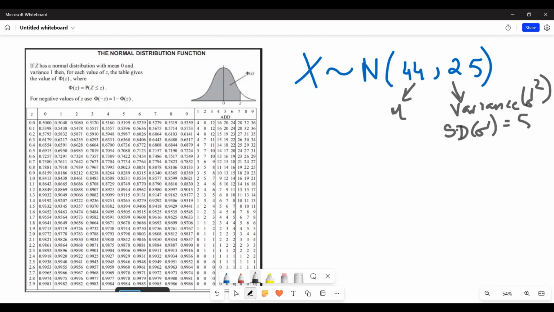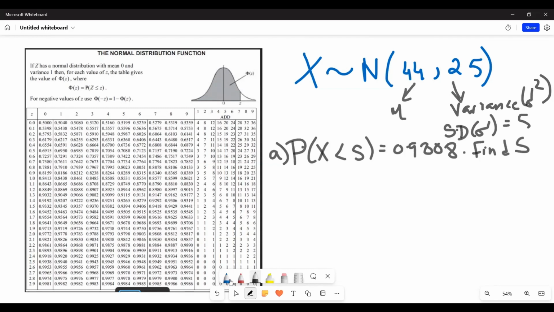So now you're given probability x is less than s is equals to 0.9808, and you have to find s. So first thing we're going to do is subtract the mean, divide the standard deviation so that the mean becomes 0 and standard deviation becomes 1, and we can read the table.